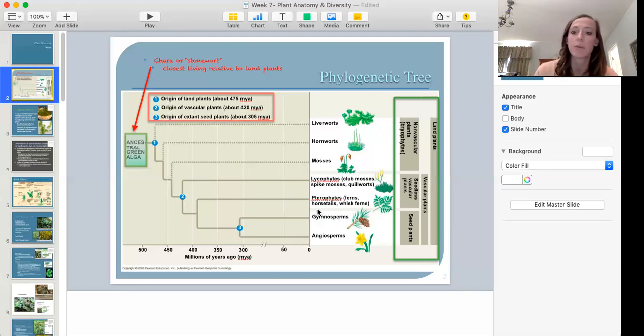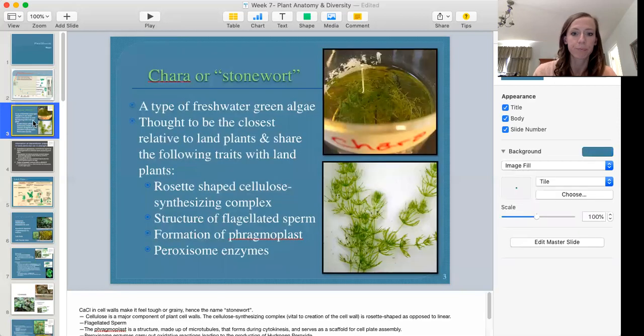They have seeds, but they're not encompassed in a fruit. And then angiosperms are flowering, fruiting seed plants, which we will get to as we go through the presentation. So we're going to start with the non-vascular plants, the bryophytes. Let's move to our next slide.